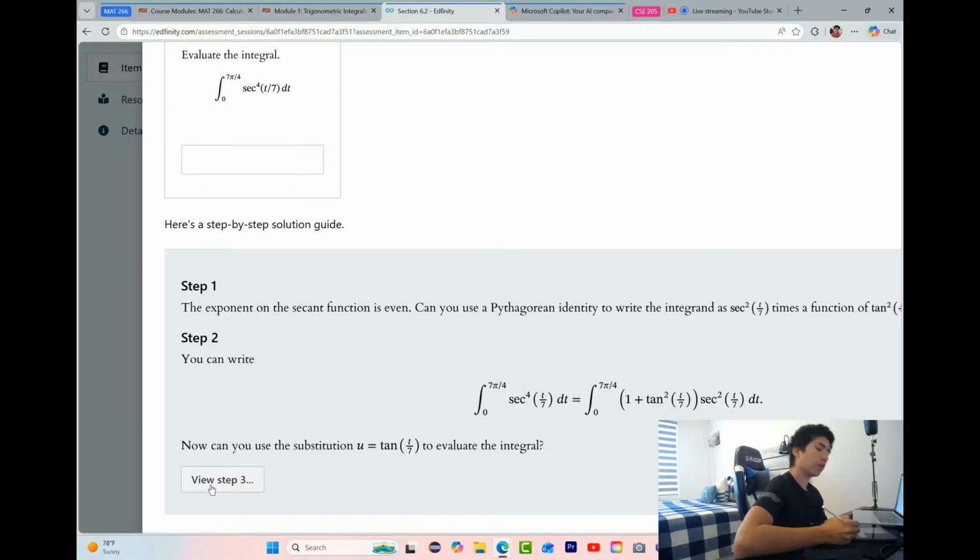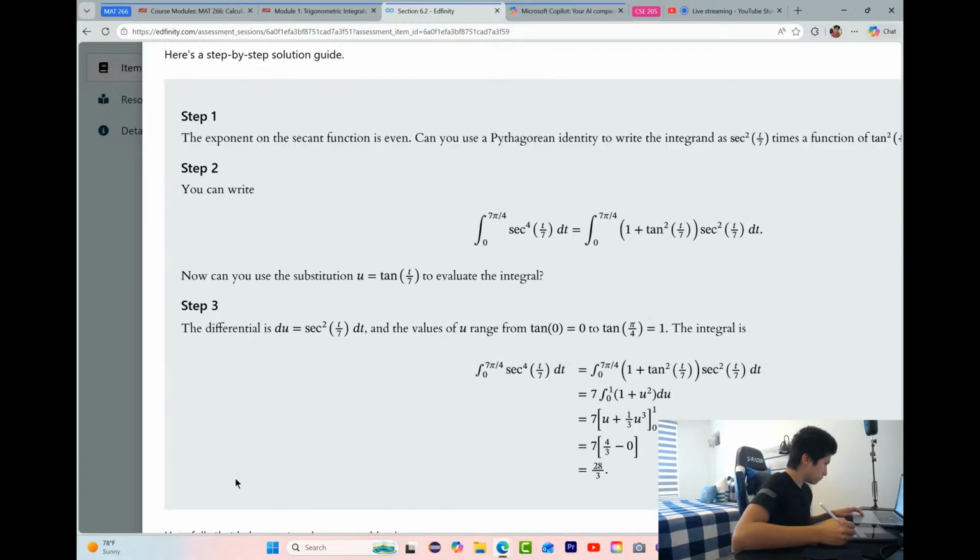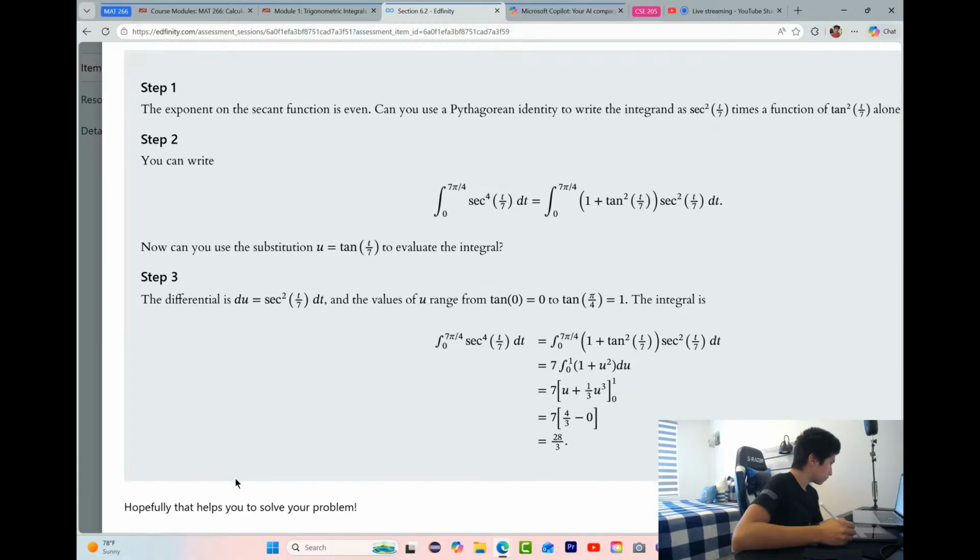The derivative of the inside function. 1/8. And why is that?